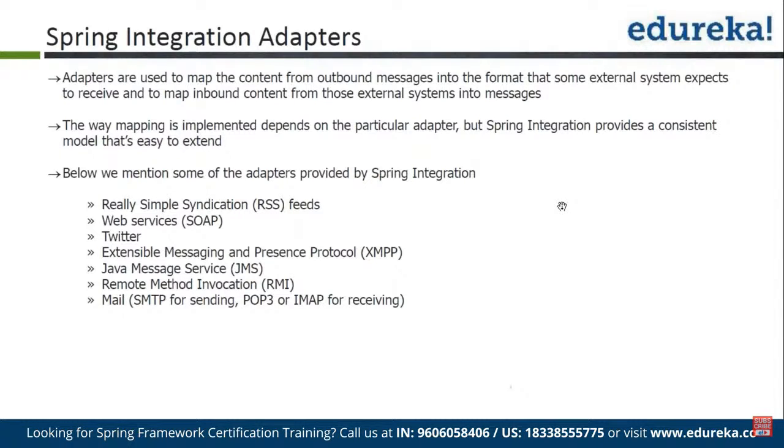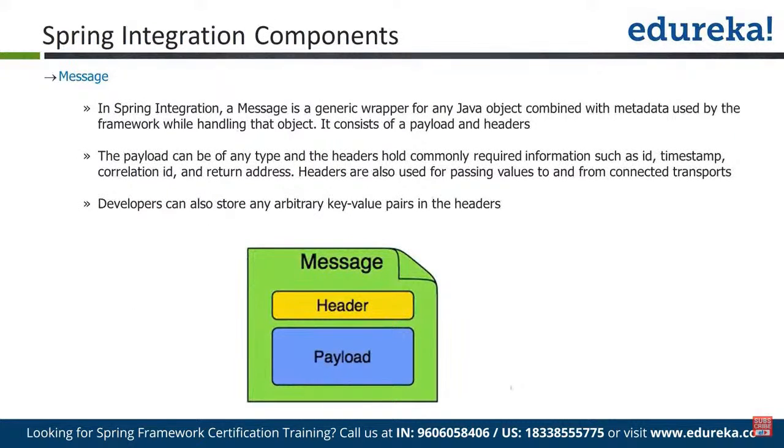When we consume web services, whether SOAP or REST, we must have a WSDL or one URL to connect to that service, right? Similarly, we have host and port information for all these adapters. Be it RSS, Twitter, web services, XMPP, JMS or RMI, we need some remote location for these adapters.